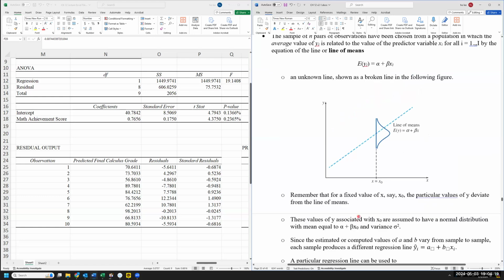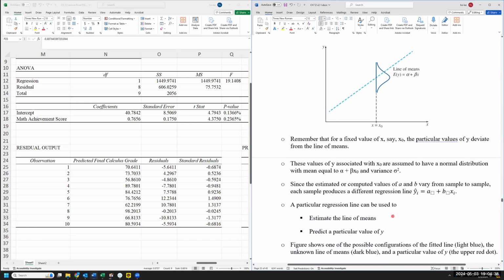Okay. But when we have data, we don't know alpha and beta, so we estimate those. We're using A and B. Okay. So we don't know what the true line is. We only have an estimate of the true line.